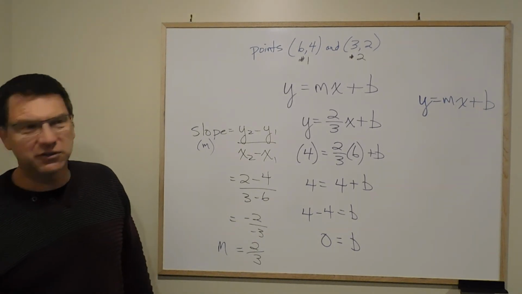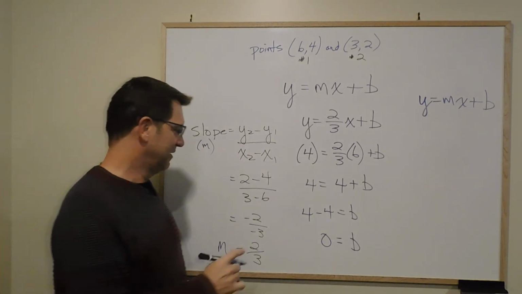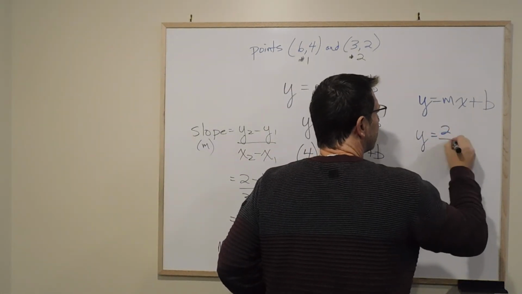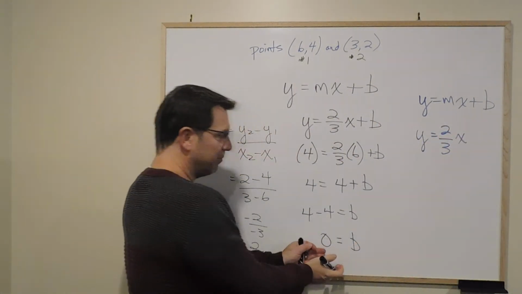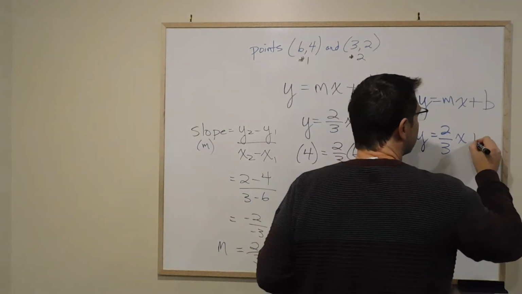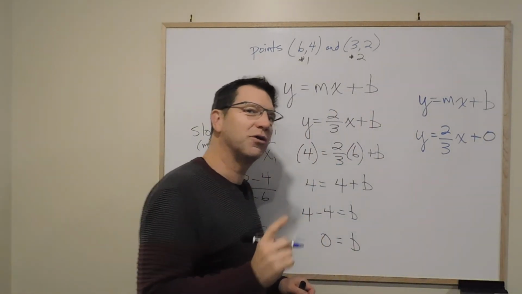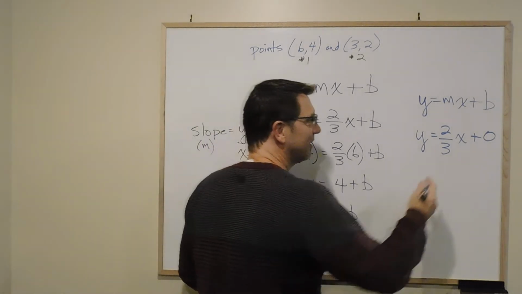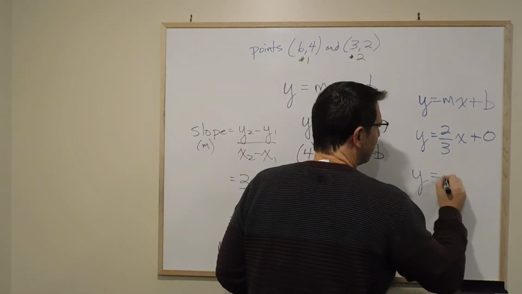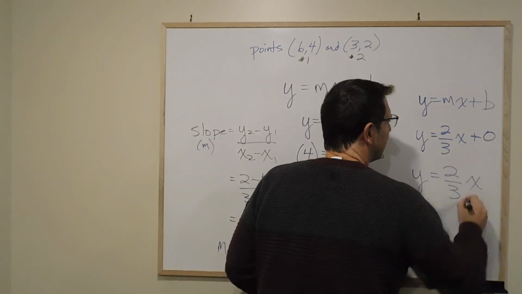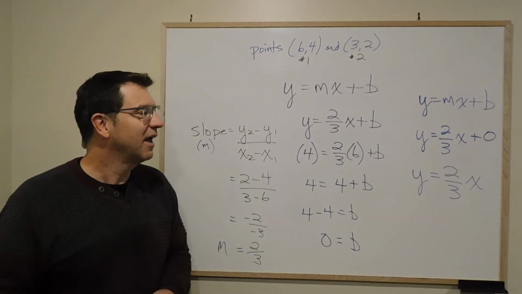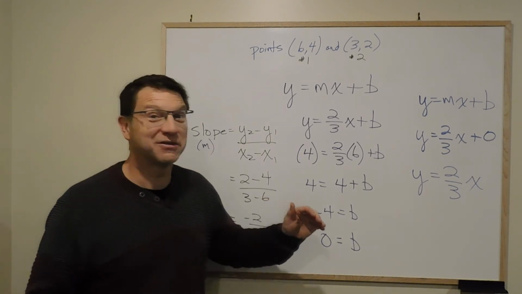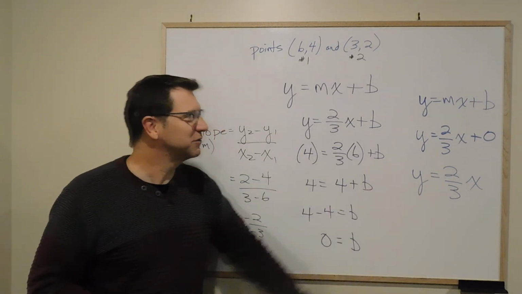And you'll notice y equals 2/3 x was the answer on the screen, because our slope is 2/3 x, and our b is 0 plus 0. But we would never show plus 0, because in math we don't show those types of things, because it's nothing. So y equals 2/3 x is our answer, and that answer matches what's on the slide, because it's the right answer. So you get y equals 2/3 x.